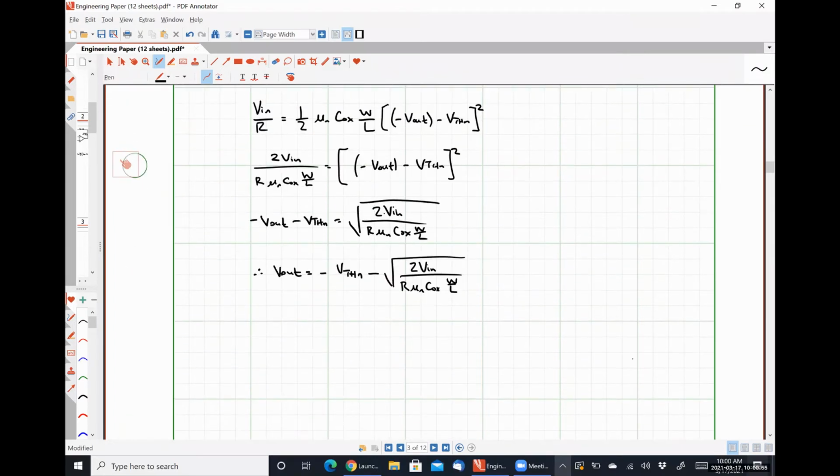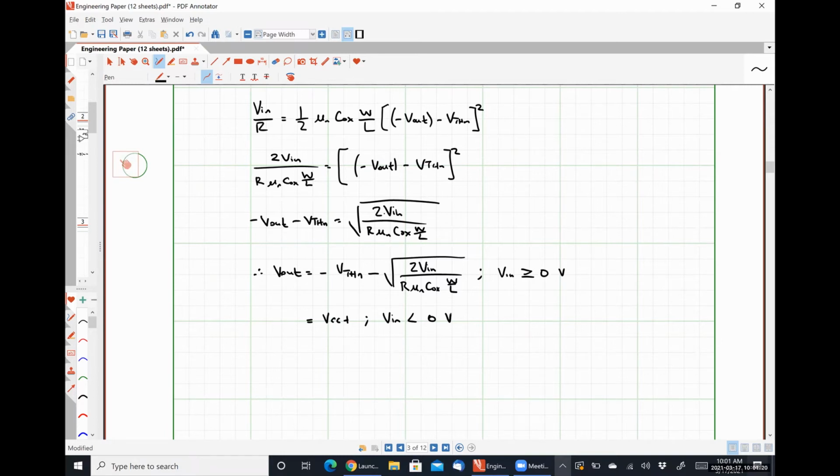All right, so this is valid for Vn greater than or equal to 0 volts. And we have VCC plus for Vn less than 0 volts.